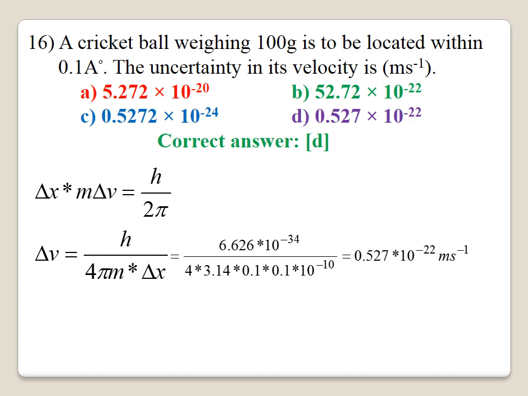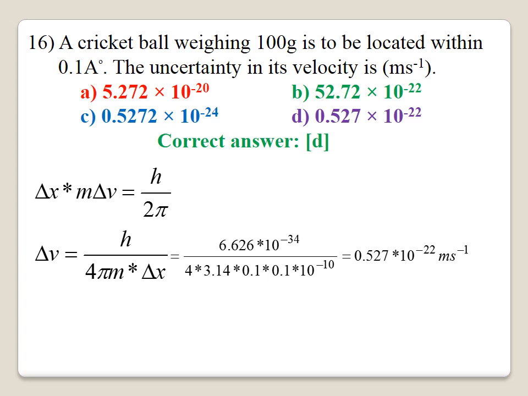Therefore, from the uncertainty principle, delta v equal to h by 4 pi m into delta x. You substitute the value of m and delta x, you will get 6.626 into 10 to the power minus 34, the value of h, divided by 4 into 3.14 into mass. 100 gram will be equal to 0.1 kilogram, into 0.1 into 10 to the power minus 10 meter. 0.1 Angstrom unit will be equal to 0.1 into 10 to the power minus 10 meter.